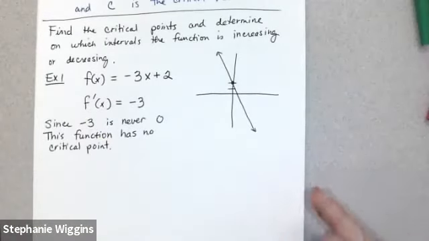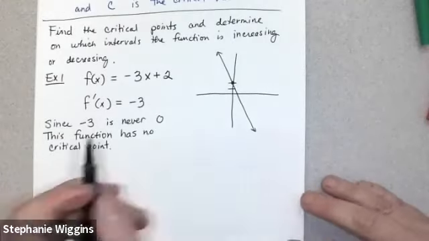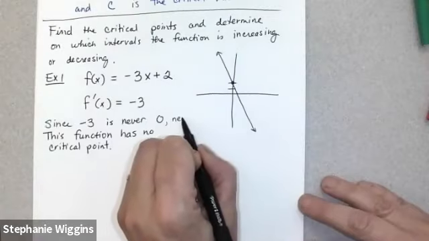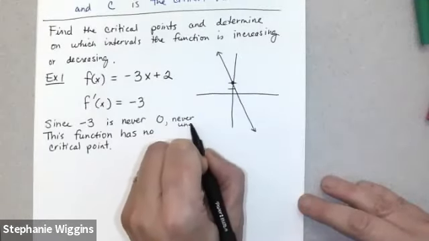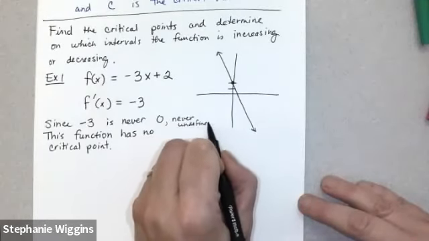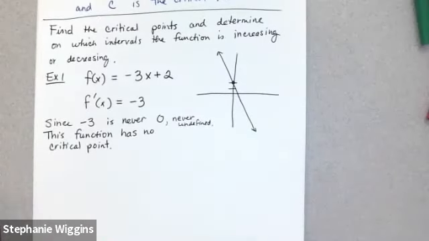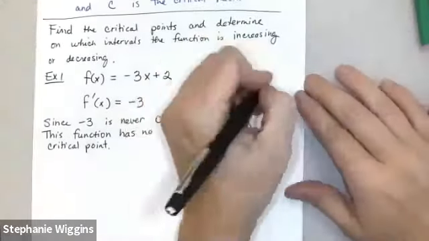And negative 3 is never undefined either. It's always defined to be negative 3. So it's never 0 and never undefined. All right, so right off the bat, this function has no critical points.